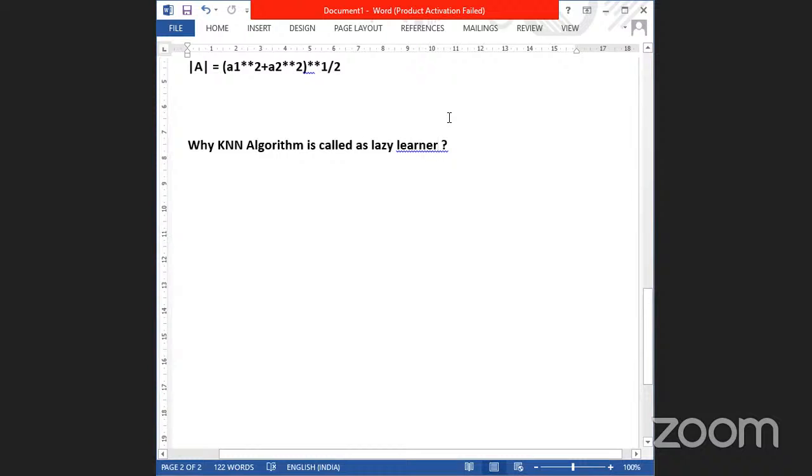What is K? K is a number, and you should always choose an odd number, like 1, 3, 7. Why? Suppose there is a binary classification model, and you need to predict the output, for example male or female. If you choose K equal to 4, what happens if two neighbors are female and two neighbors are male?